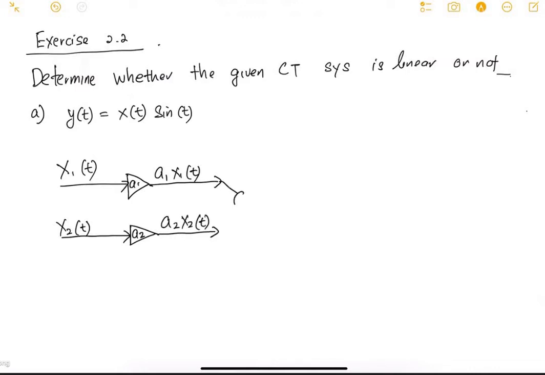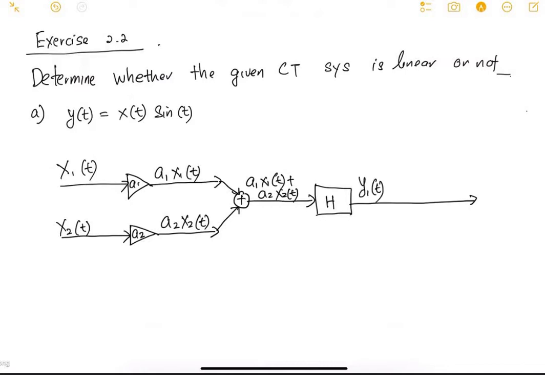When you sum up, you get a1 x1(t) plus a2 x2(t), and then you insert it into the system H. So what will be the output?